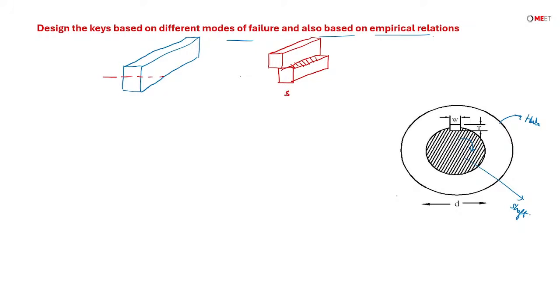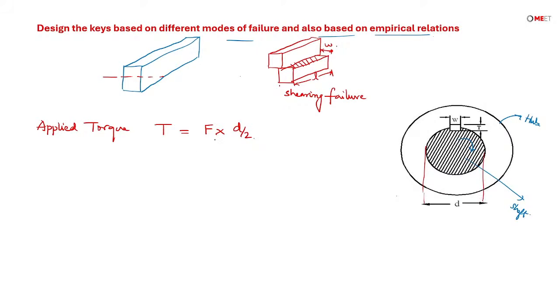This is called shearing failure. And this would be the length and this would be the width. Now here we can write the applied torque T equal to force into diameter by 2, where D by 2 is the radius, D being the diameter of the shaft.